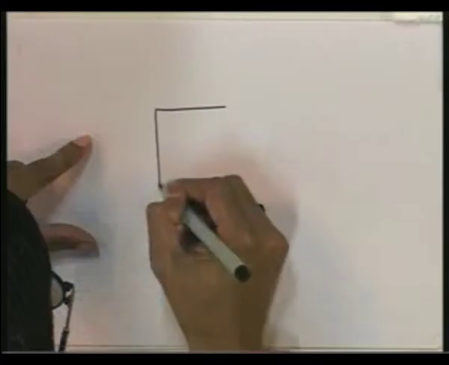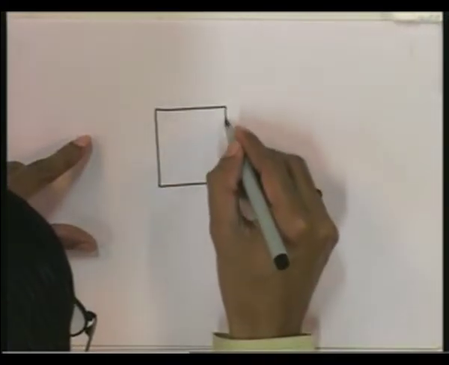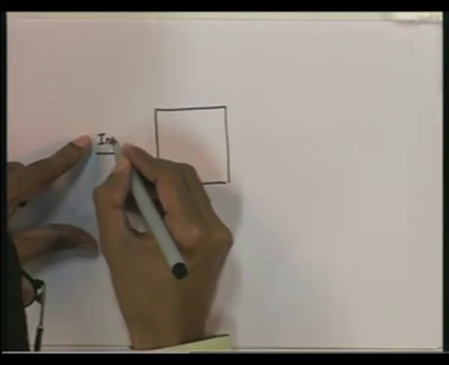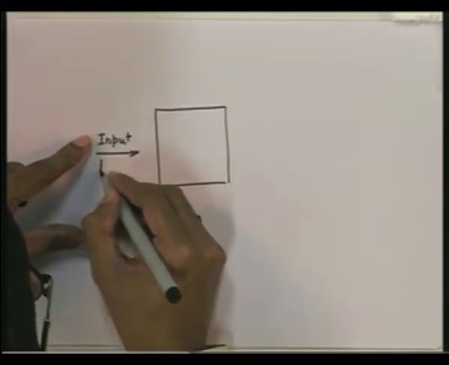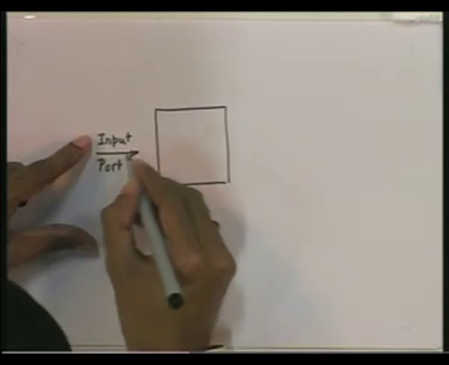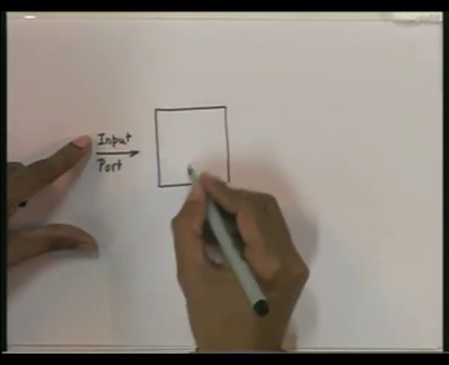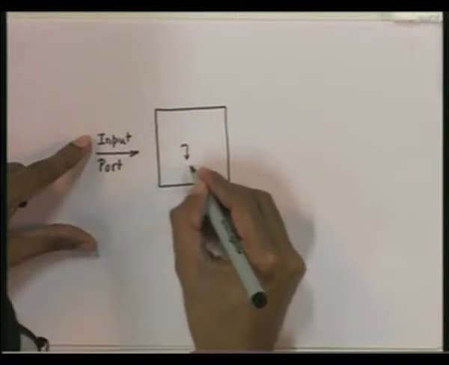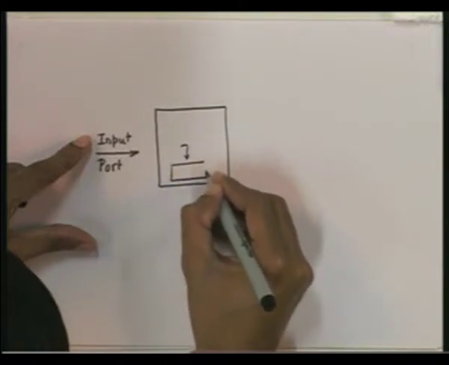So, the major components of a router: this is the input ports. Typically, the packets will come on the input ports, and the packets may go to the IP lookup block.